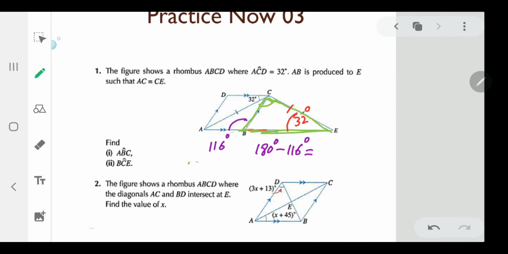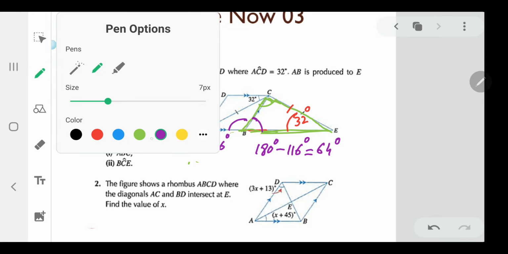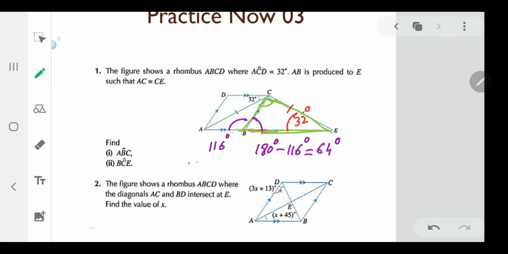So this angle will be 64 degrees. This is 64 degrees. So how can we calculate this angle, which is BCE?